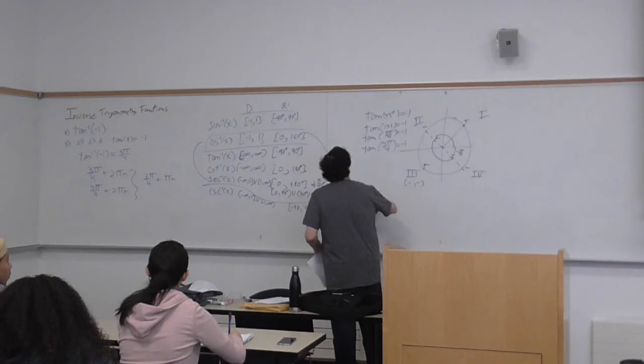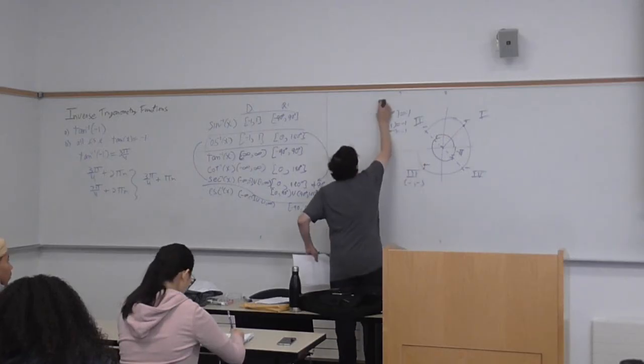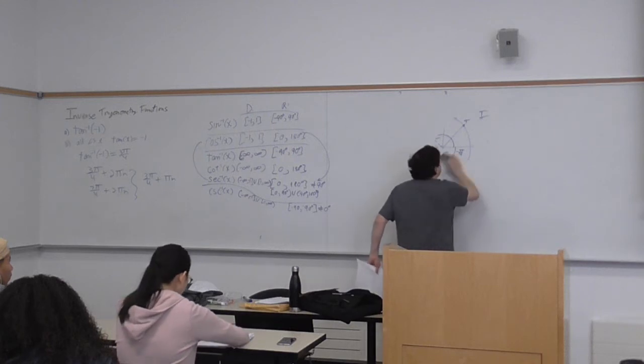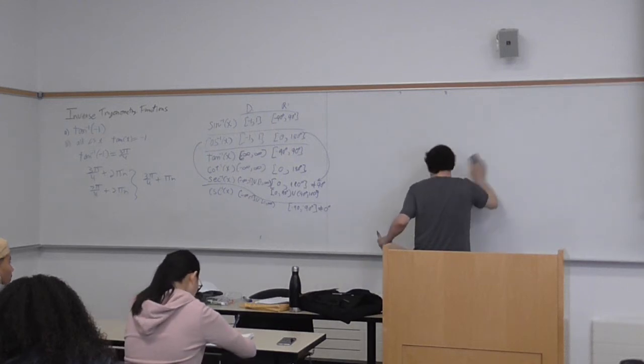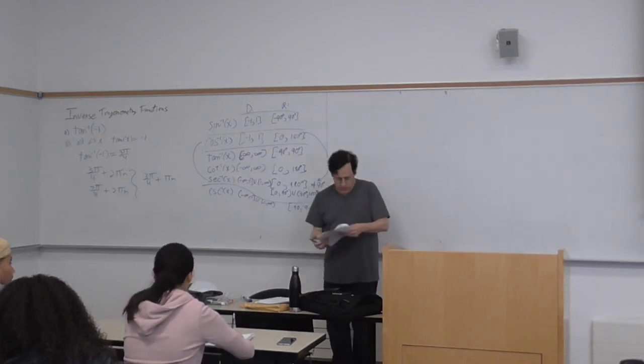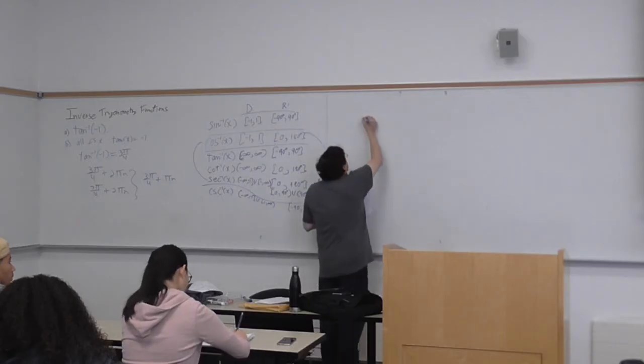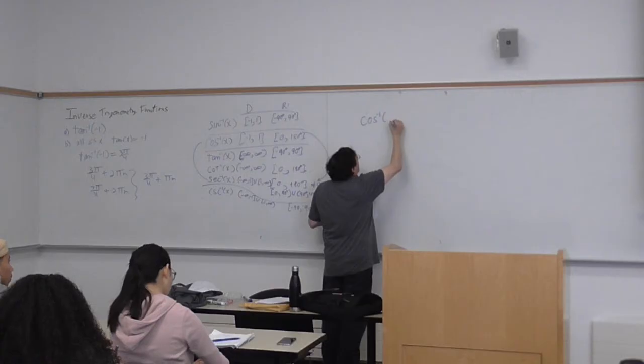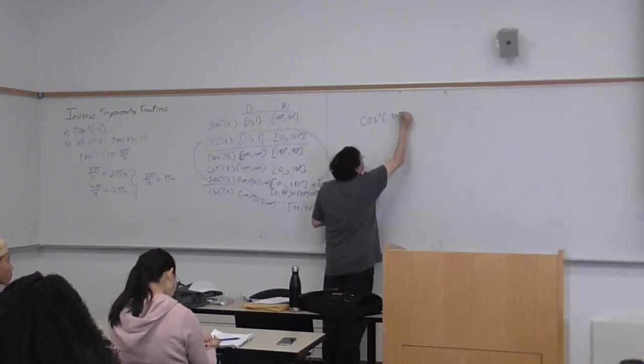Let's do a really simple problem. Well, simple or impossible. What is the inverse cosine of 0.346?